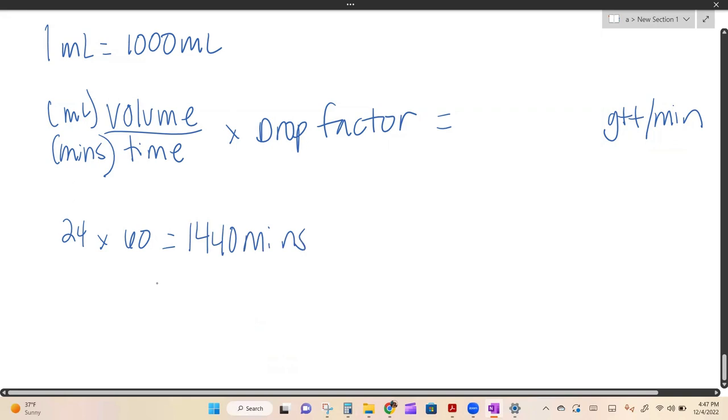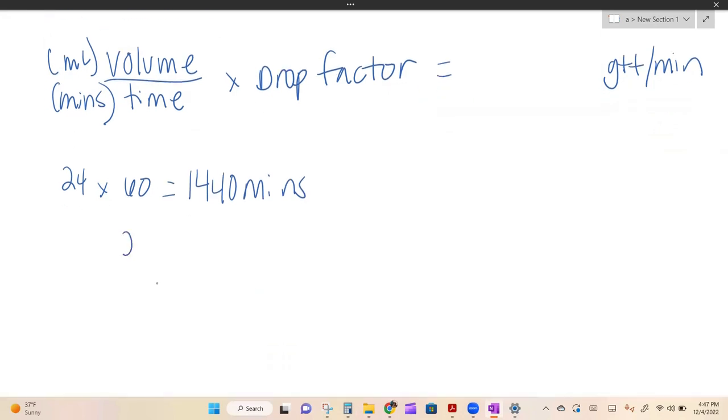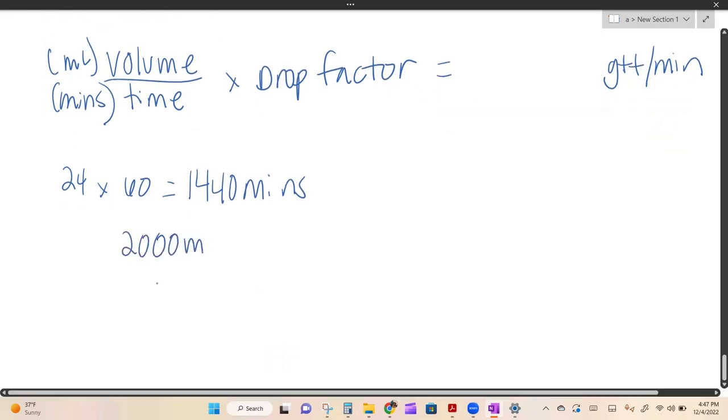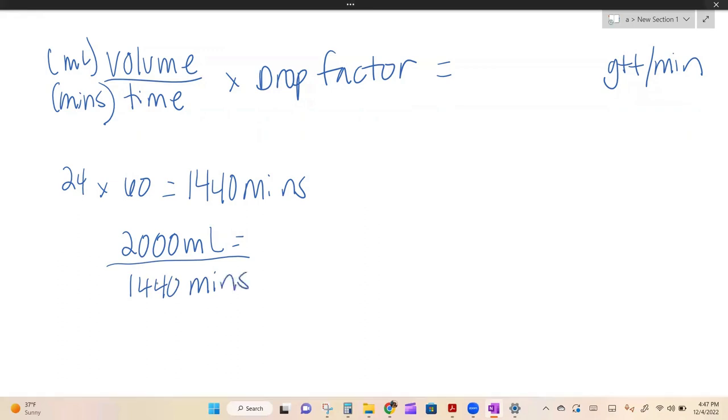So our volume, of course, was the 2,000 ml, because 1 liter equals 1,000 ml, so 2 liters equals 2,000 ml. Our time is 1,440 minutes. Equals sign.